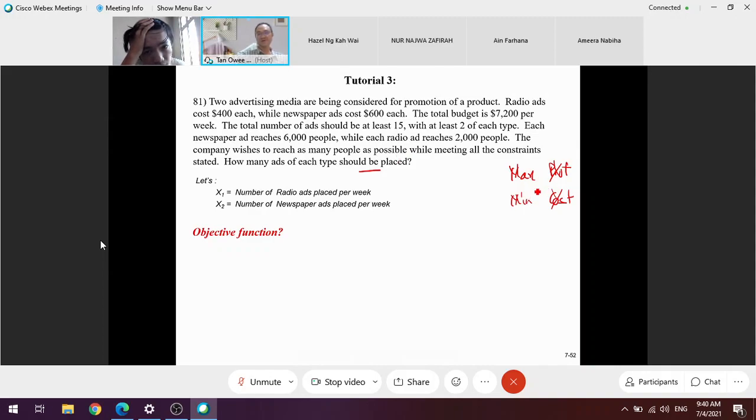This is not the rule of applying linear programming. You can apply it beyond maximization of profit and minimization of cost. So in this example, we want to maximize the number of people that can be reached through the ads. That's a special thing for tutorial 3. Every tutorial has a special thing.